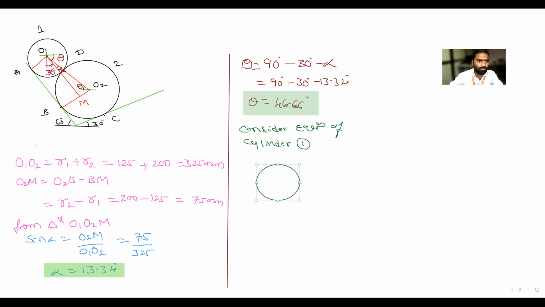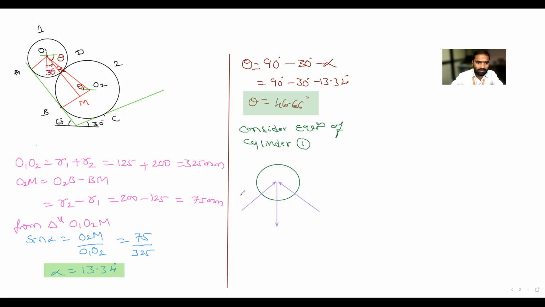Next, what are the active and reactive components? One is RA. Next, the weight acting downward. Next there is RD. Now rate its angle.